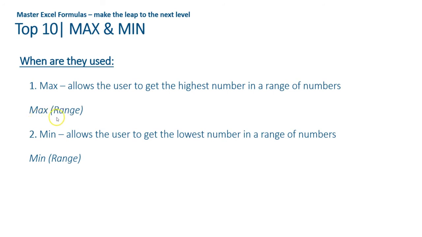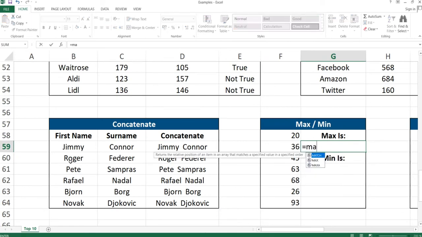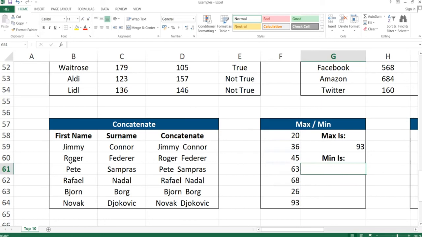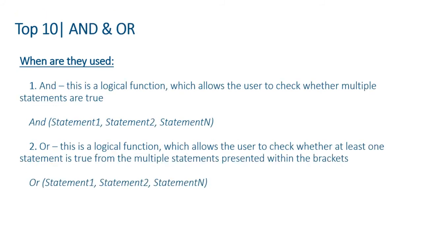You have MAX, and then we need the range in which to get the maximum value from, and the minimum is pretty much the same thing. Now, just to show you the example, here's what we get, and the maximum from this range here is 93, and then the minimum is 20.